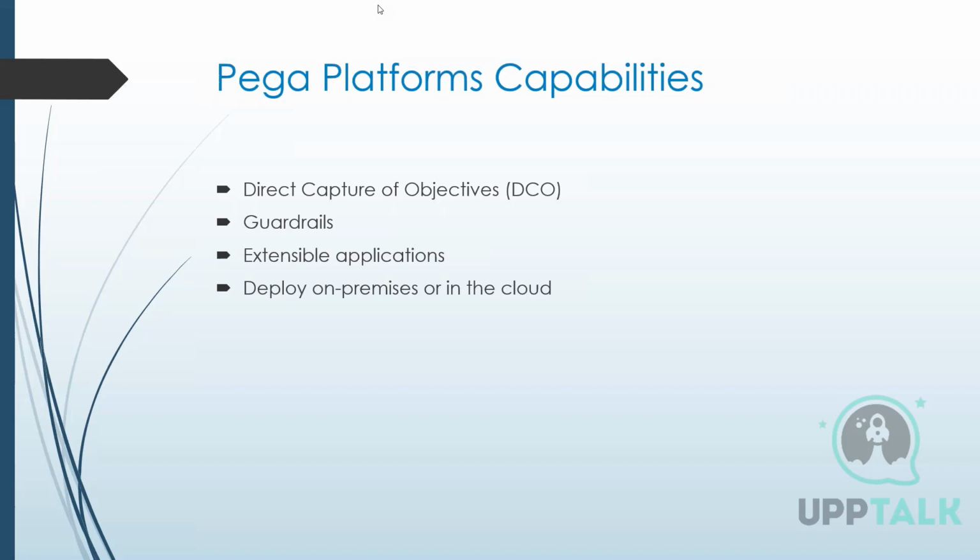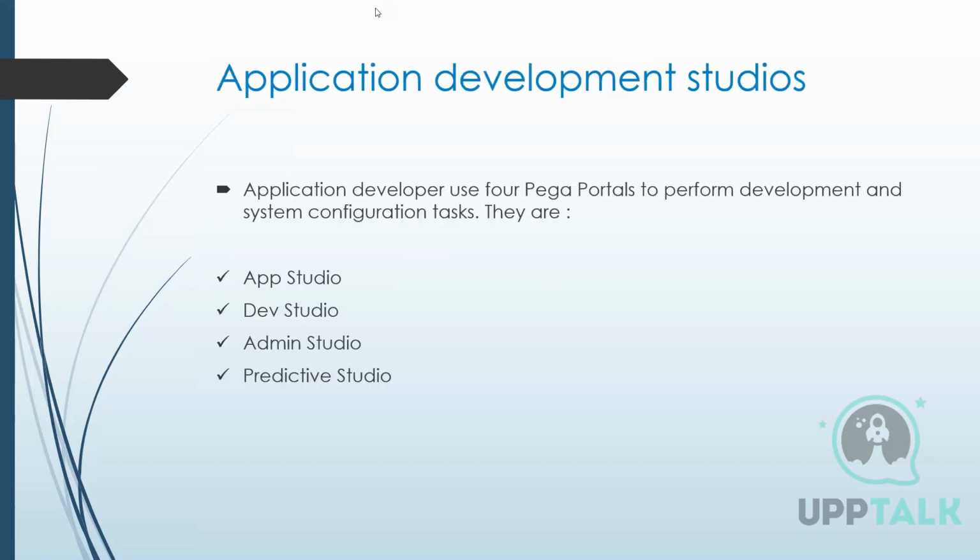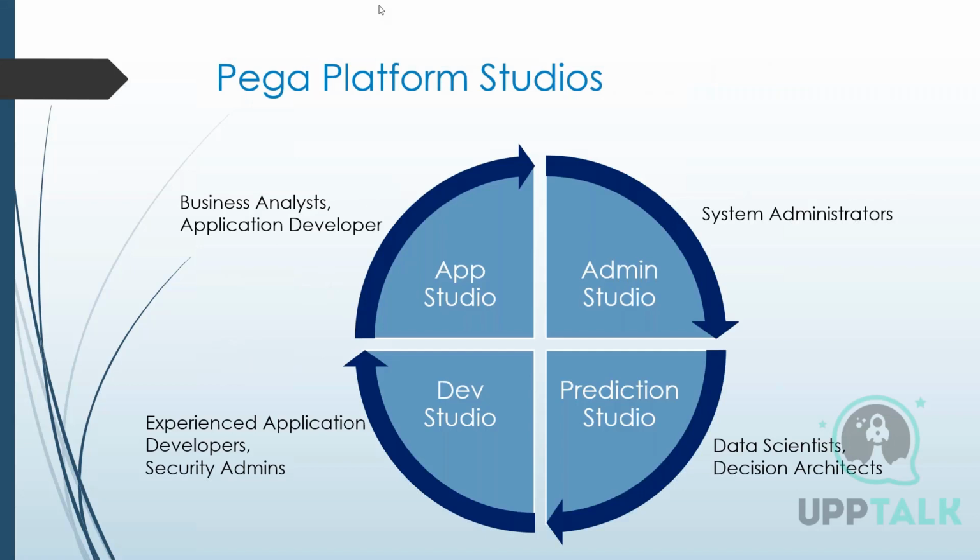And probably, yes, the last topic for the next 5 minutes is about the different application development studios. So Pega comes with different studios for different people to access, depending on their roles. We have 4 studios available: App, Dev, Admin, and Prediction. Each is targeted at a different set of people.